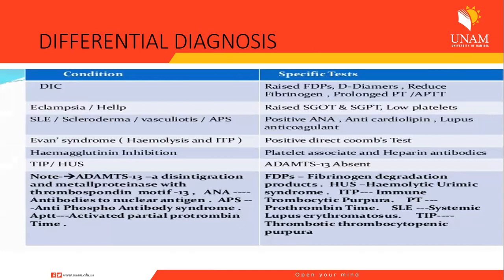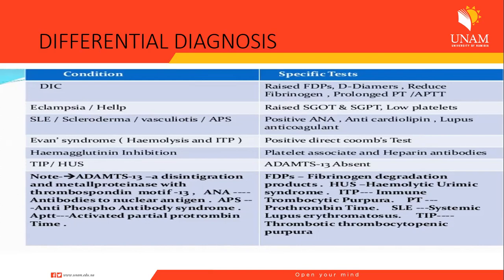Different conditions can predispose to coagulation disorders in pregnancy. There are specific tests that will help you locate what specific disorder you are dealing with. In DIC, you will see raised fibrinogen degradation products, reduced fibrinogen, and prolonged prothrombin time or activated partial thromboplastin time.